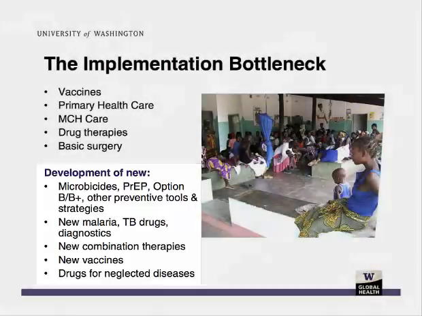However, it is the same implementation system that will be charged with delivering and scaling up these new tools that we have in our toolbox, which further underscores the importance of understanding and dealing with the implementation bottleneck.